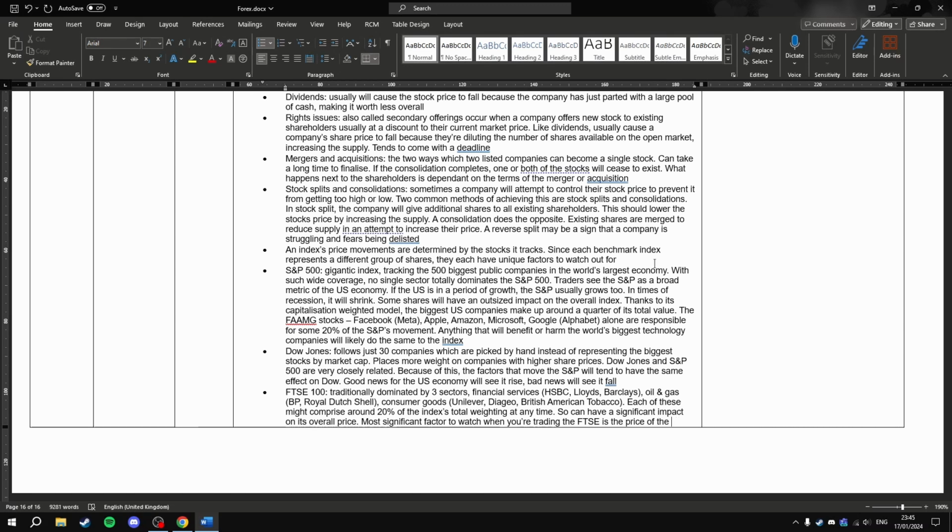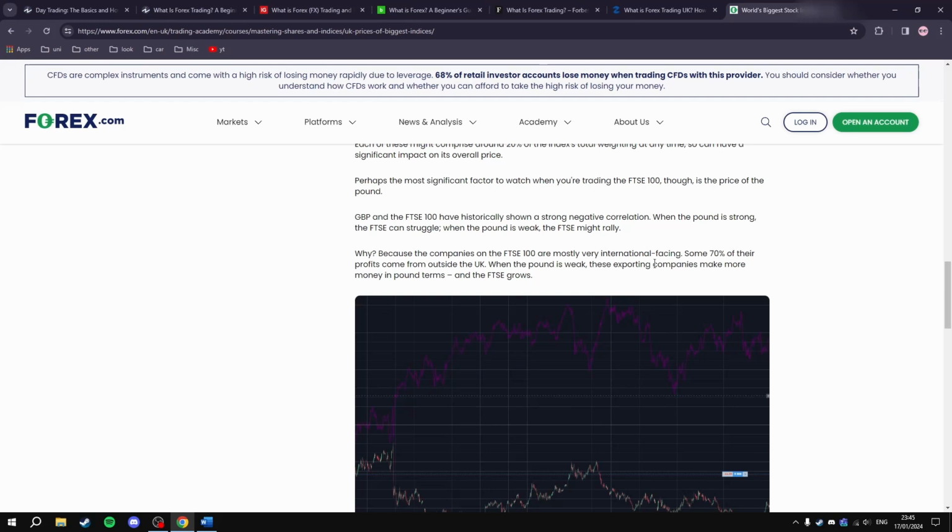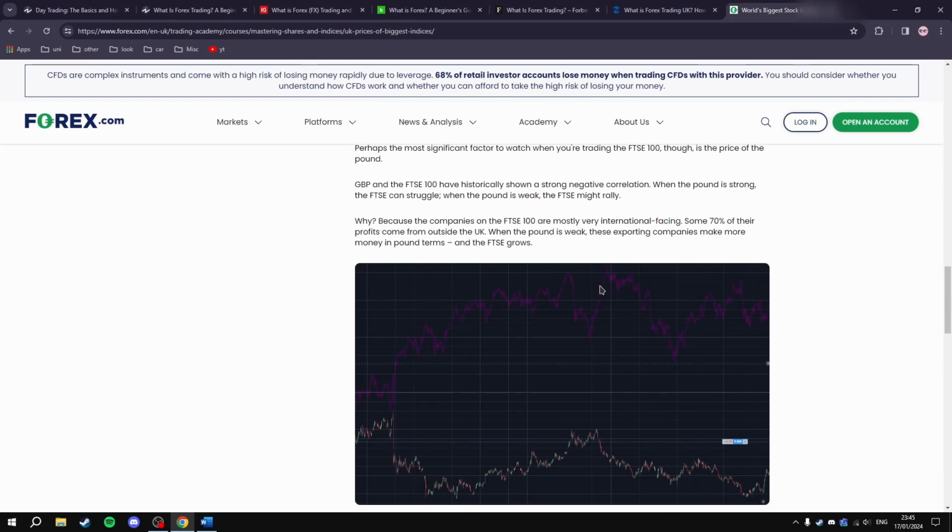Oops, that's the dollars, pound. GBP and the FTSE 100 have historically shown a strong negative correlation. So one rises, the other one falls. If one falls, the other one rises, and vice versa.